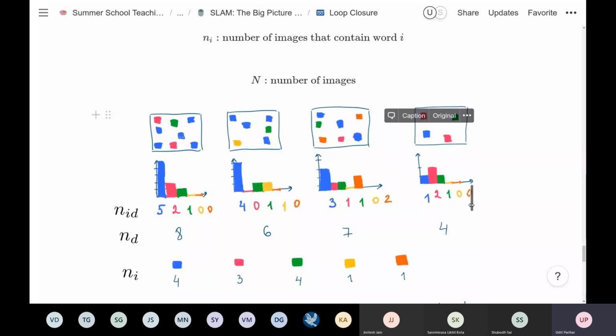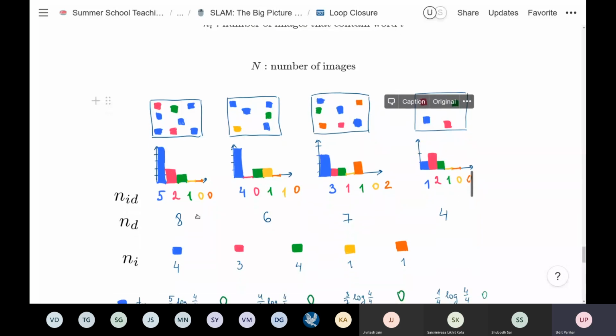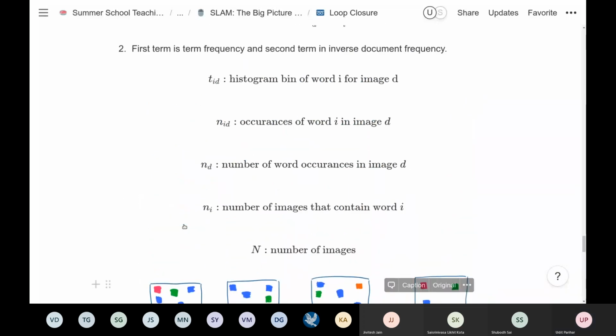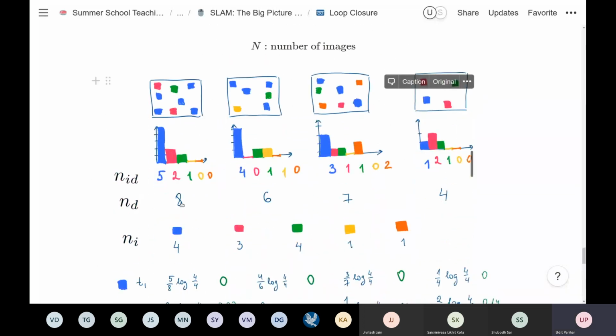And similarly for all the images. nd is the total number of word occurrences in image d. So how many words occur in this image? 5 plus 2 plus 1, so there are a total of 8 words in this image. Here there are 6 words, there are 7 words here, and here there are 4 words in this image.